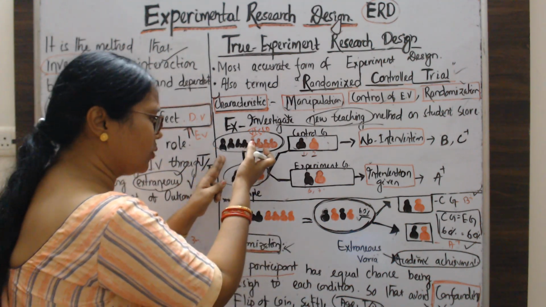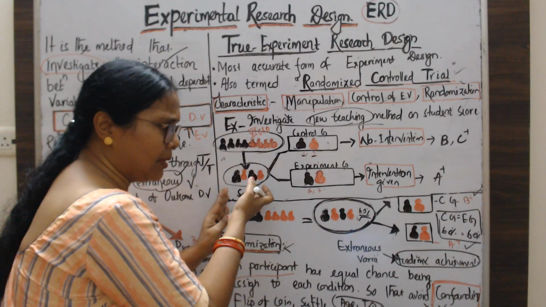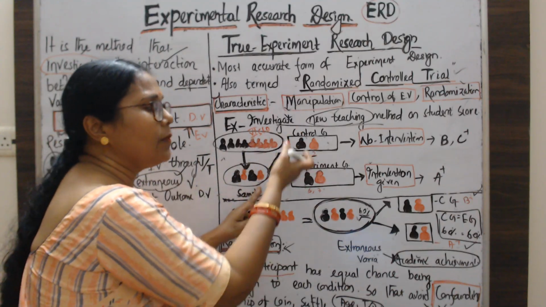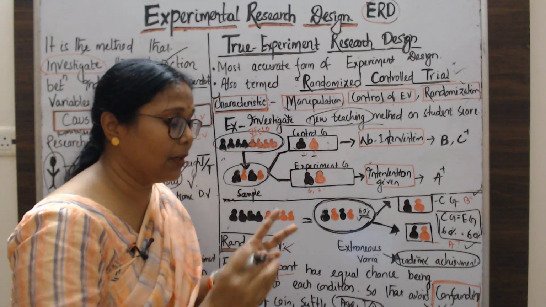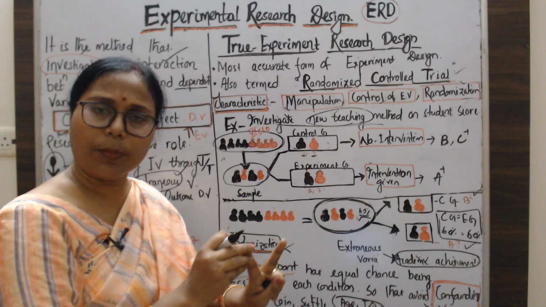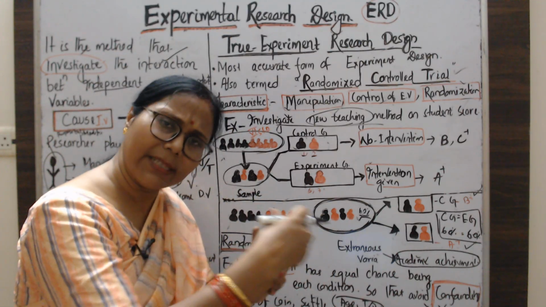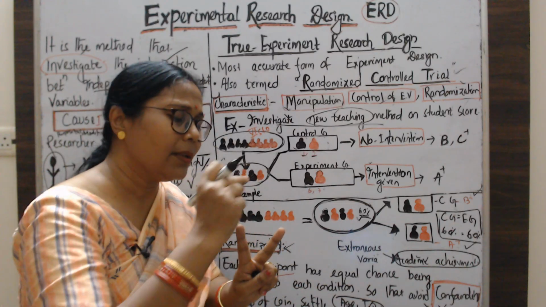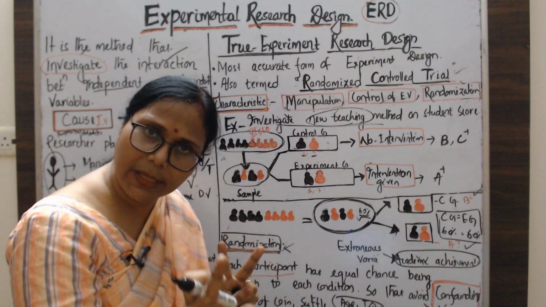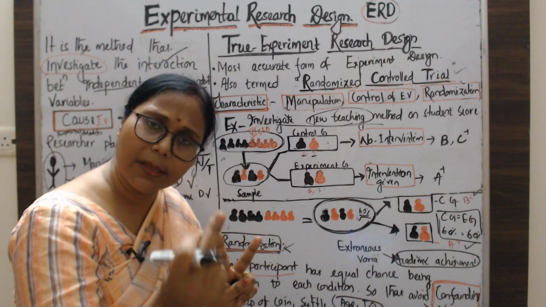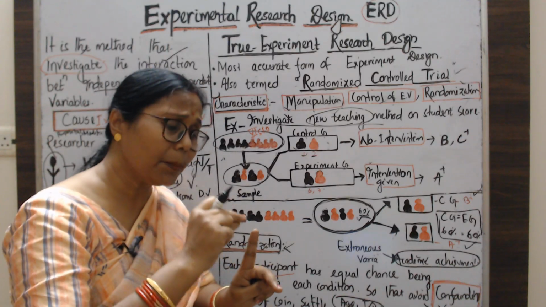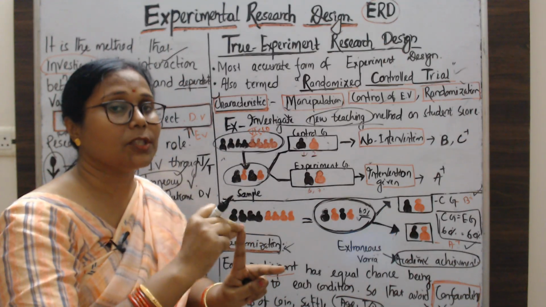For this investigation, the researcher selects standard 6 students. From the target population they select a sample, and from the sample they divide into two groups: first the control group, another the experimental group. The control group and the experimental group are identical, but the difference is that the control group does not receive any intervention or treatment, but the experimental group receives the intervention.